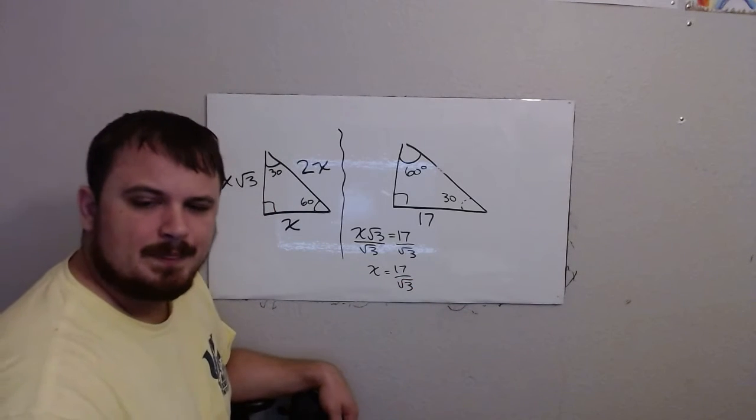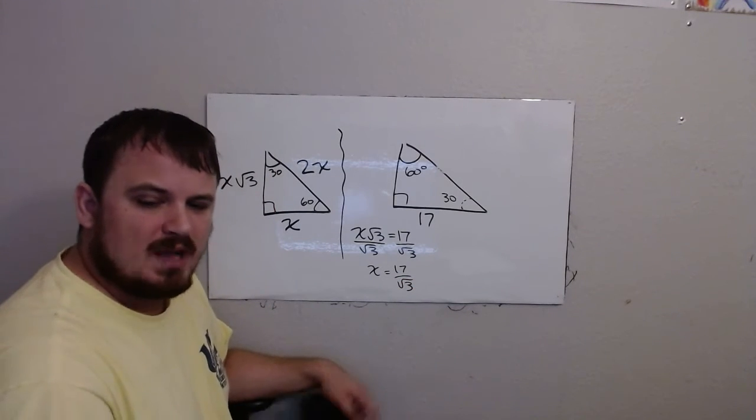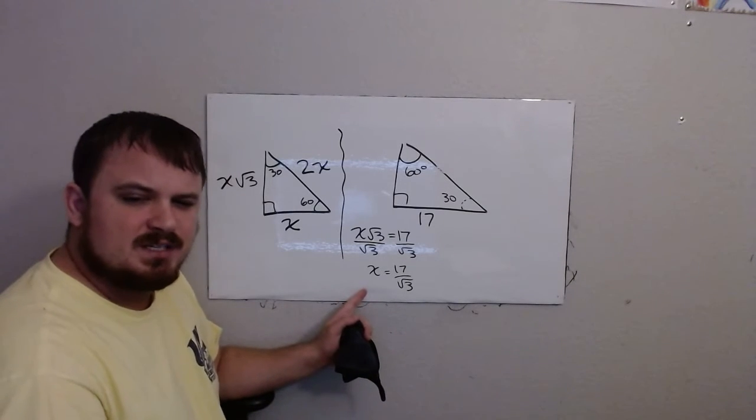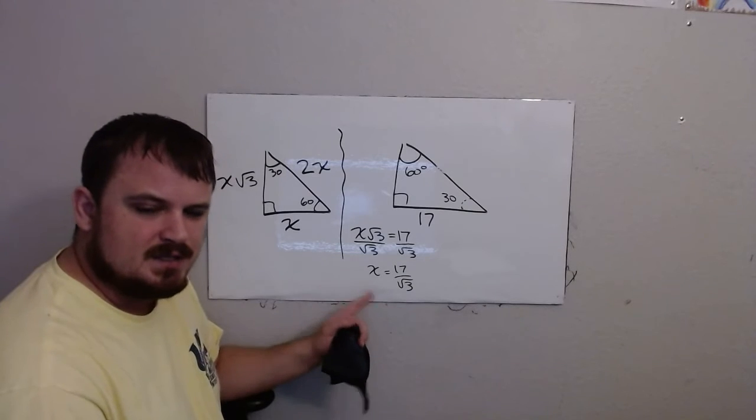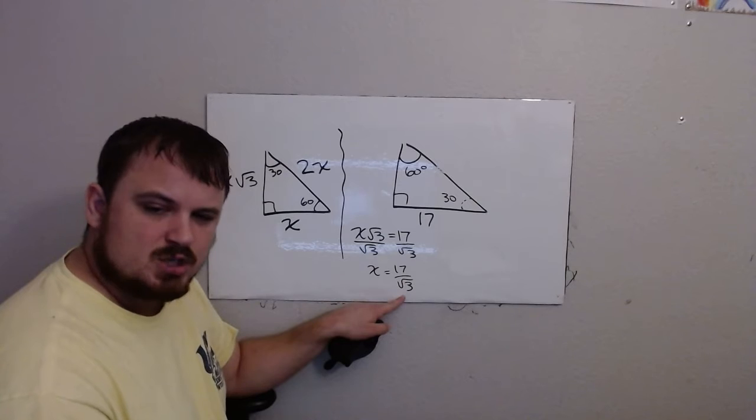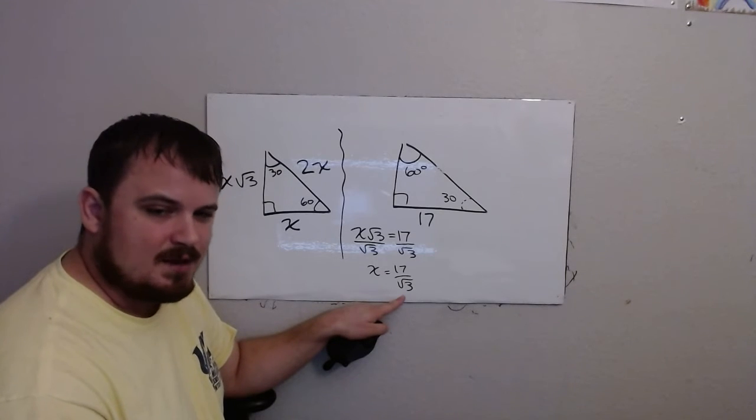So we would like to say x in this case is 17 over root 3. The issue is that 17 over root 3 is not a good answer. The reason being is you cannot have a square root on the bottom. You need to get that out of there.